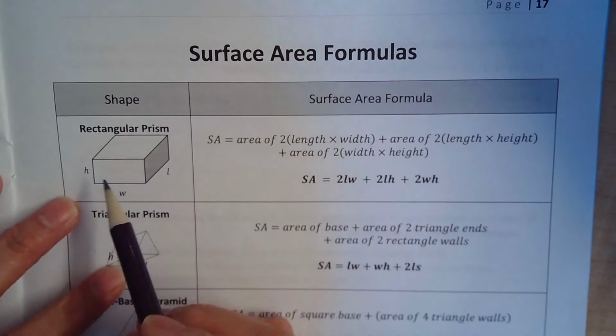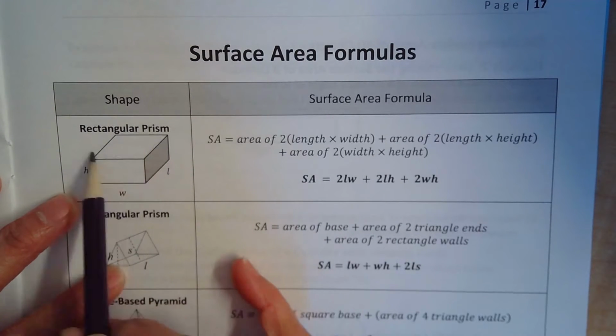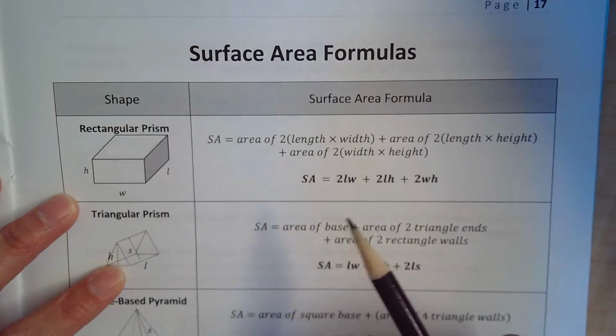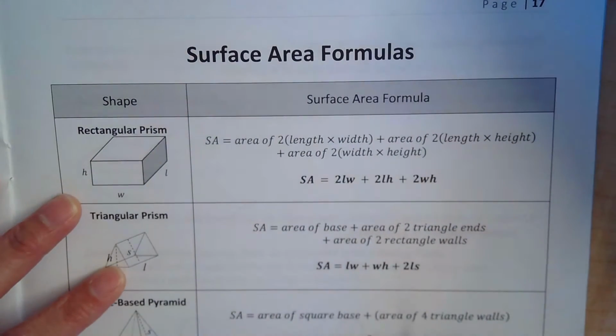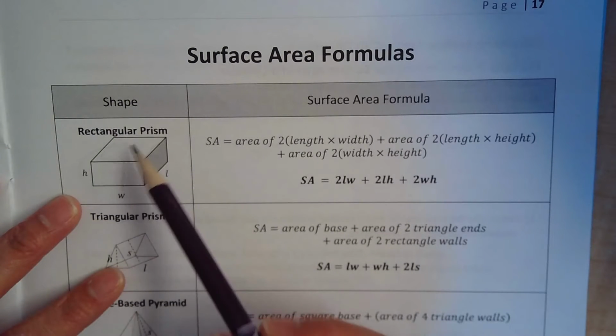So when we look at this rectangular prism, how many surfaces does it have?